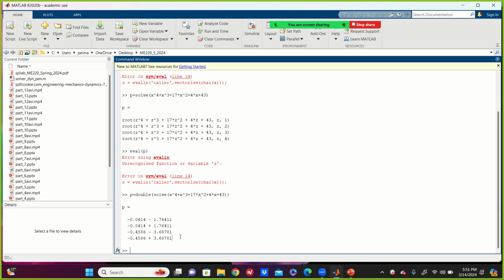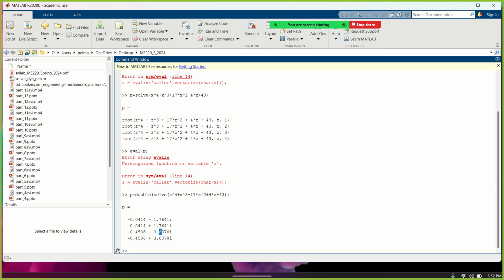Okay, just keep these digits, not more than that. Even here, 1.7, 3.6, okay, 1.04 minus 0.. You got it? Okay. So now, can I go and write it in the notes?